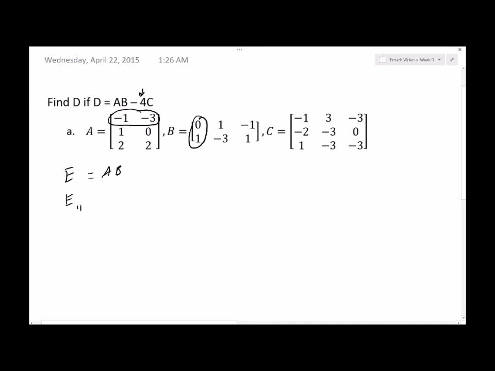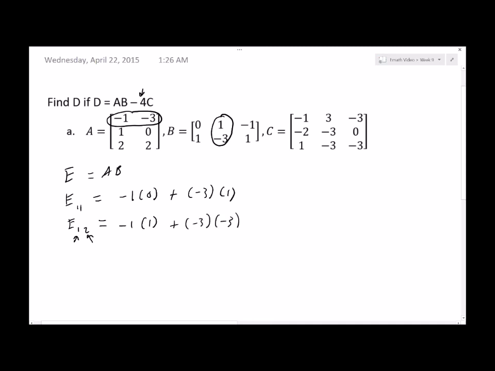And what that means is this will equal negative 1 times 0 plus negative 3 times 1. So we do this one times this one plus this one times this one, and that will give us E11. Now E12 would be very similar. This one corresponds to the row, and then this one corresponds to the column. So E12 would be negative 1 times 1 plus negative 3 times negative 3.